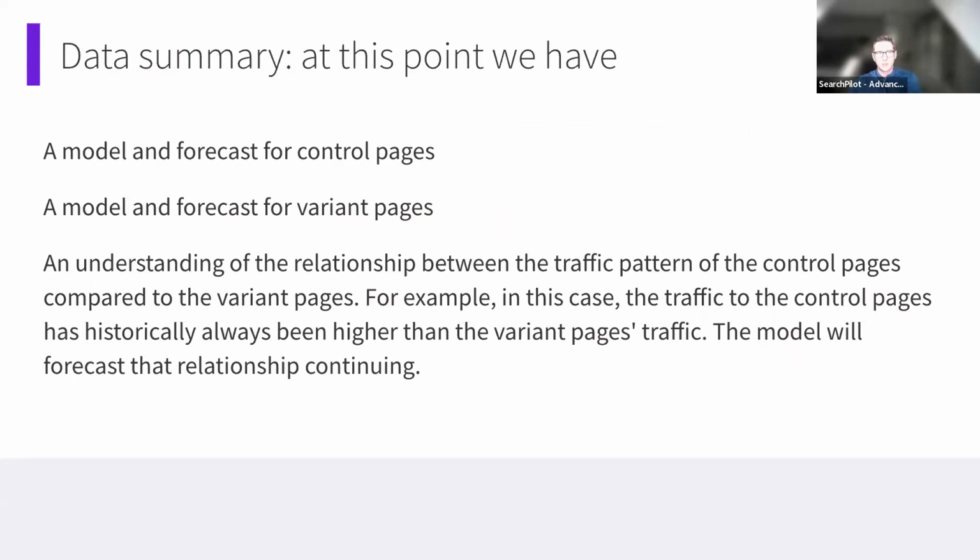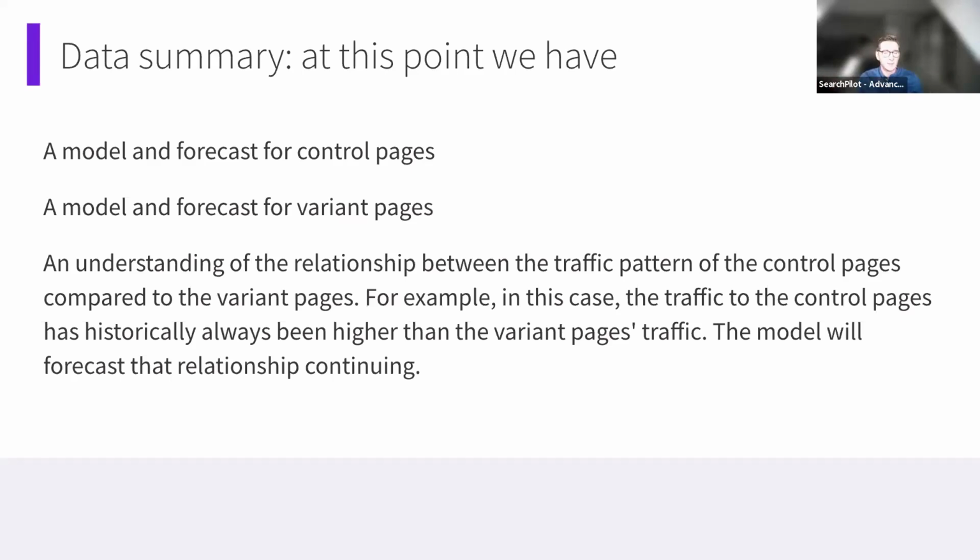But we also have, and this is really important to understand, an understanding of the relationship between the traffic patterns of control pages compared to variant pages. So for example, in this case, even though these two buckets of pages are similar to each other, the traffic to the control bucket has always historically been a little bit higher than the traffic to the variant pages.